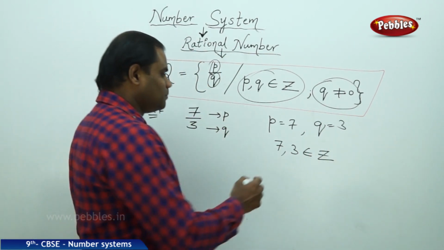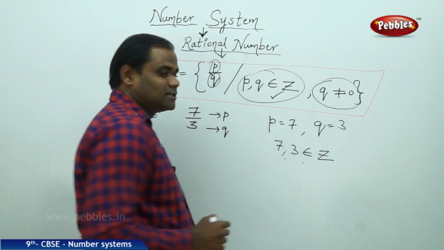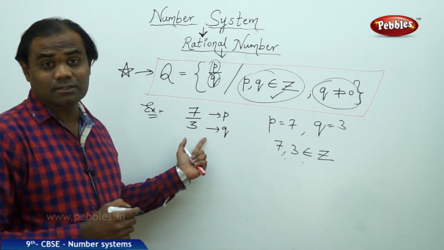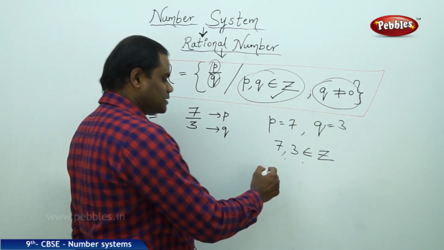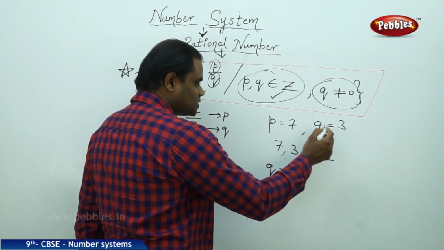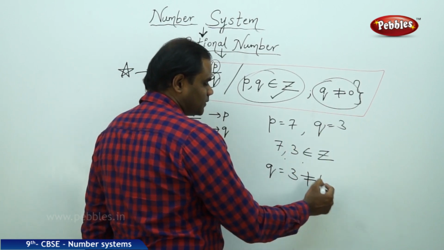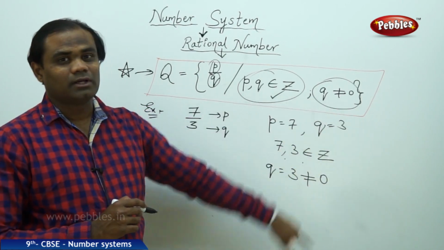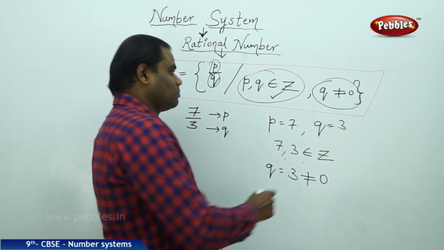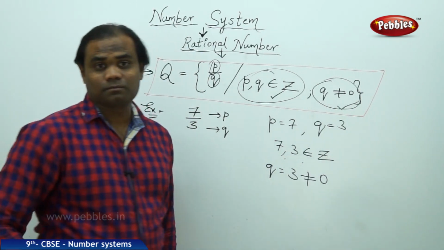So P and Q are integers is the first test, which this passes. Secondly, rule 2 concerns Q. Q is 3, and the number 3 can never be equal to 0, so Q is not equal to 0, and this number also passes test number 2.